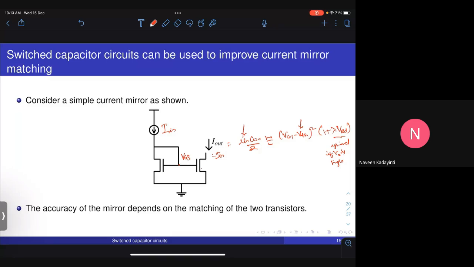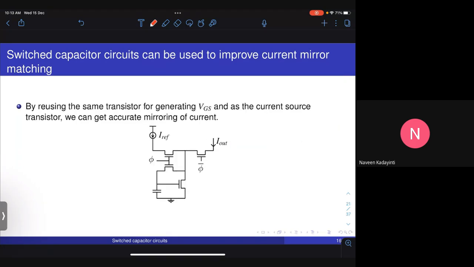One way of doing it is, if I use the same transistor for generating VGS as well as for generating the output current, then I will not require two transistors which are matched. Basically, we use only one transistor. By reusing the same transistor to generate the reference VGS and as the current source transistor in different cycles, we can get very good matching.